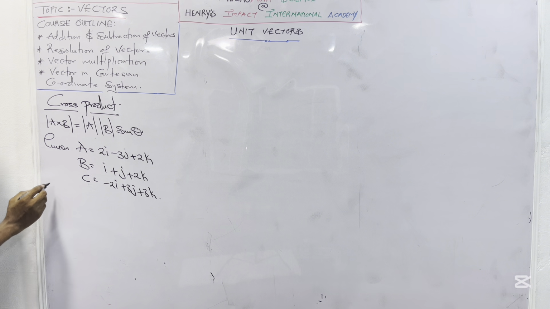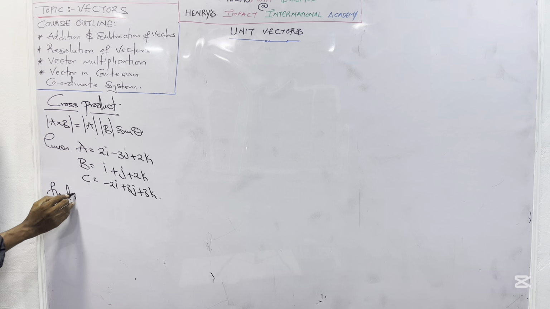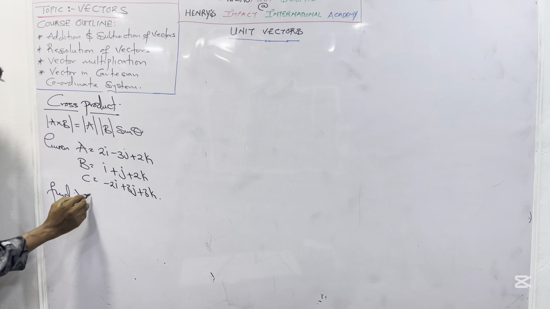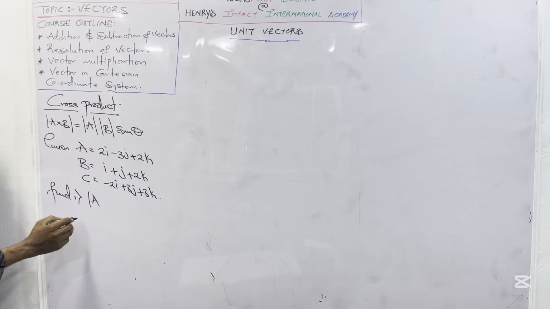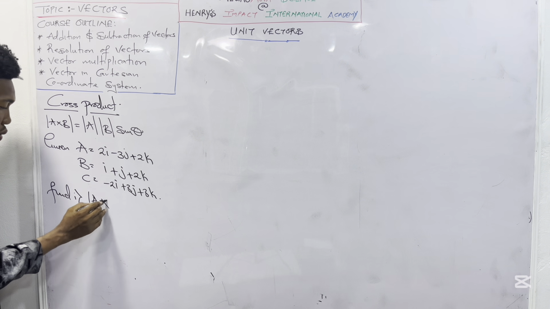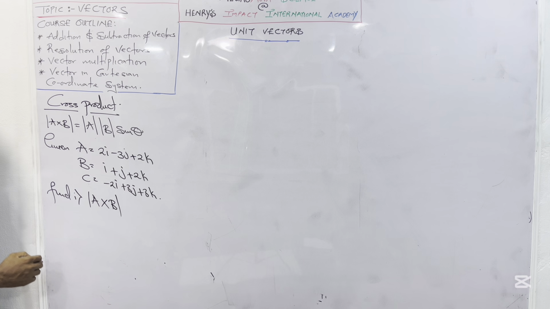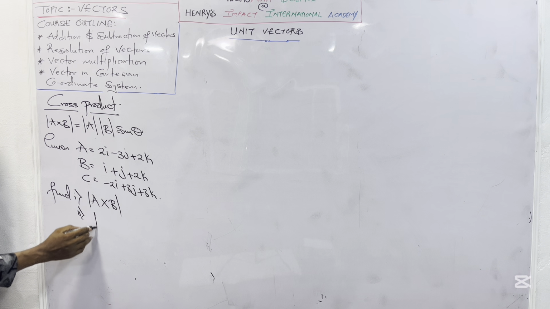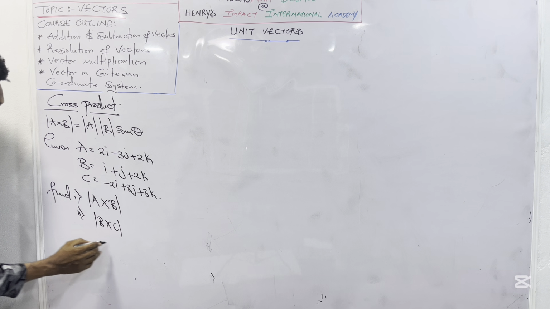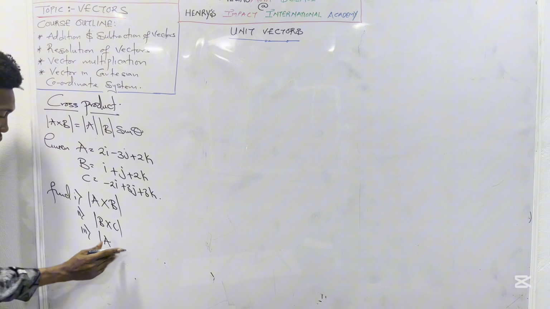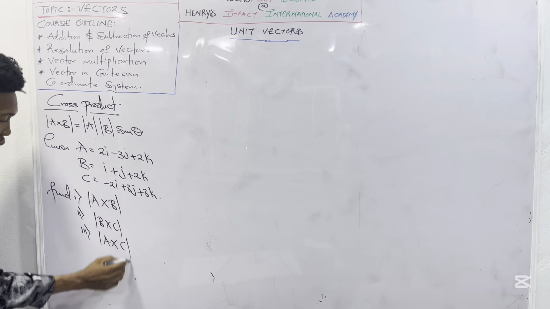Let's say we're told to find A cross B, then B cross C, and then A cross C.